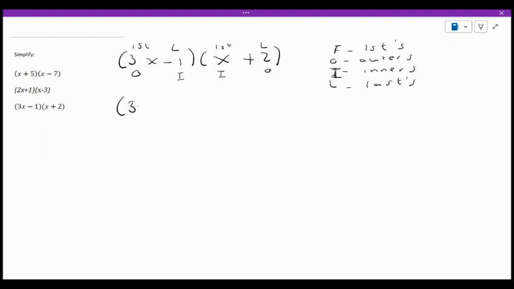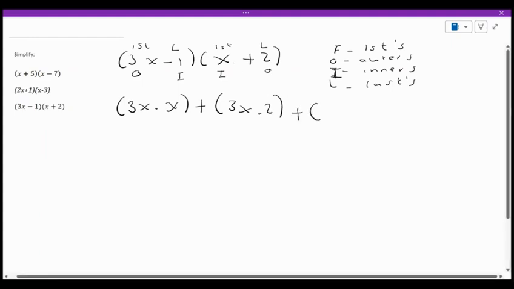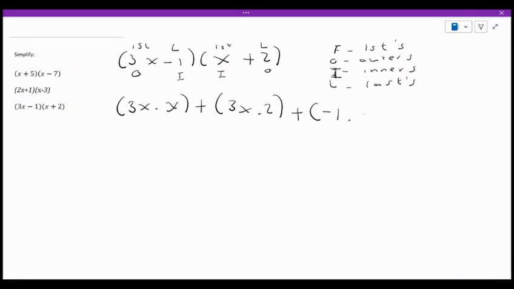So it's going to be 3x times x plus, we go with the O. So it's going to be 3x times, which one has an O? It's the 2. 3x times 2 plus the I's. We're at the I now, minus 1 times x plus minus 1 times 2.